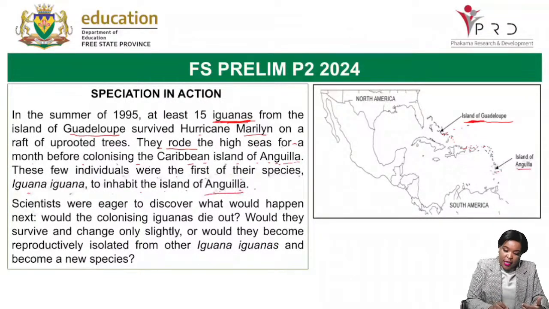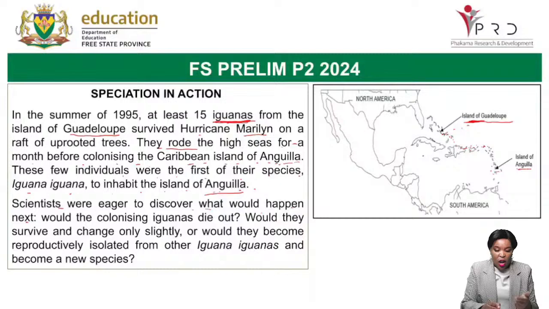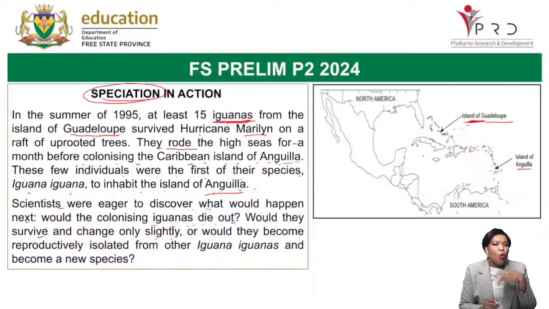Right. Scientists were eager to discover what would happen next. Like I said to you, have a question. Would the colonizing iguanas die out? Or would they survive and change only slightly? You are thinking of the word speciation. Okay, will they become new species, change slightly, or will they die? It's a question.